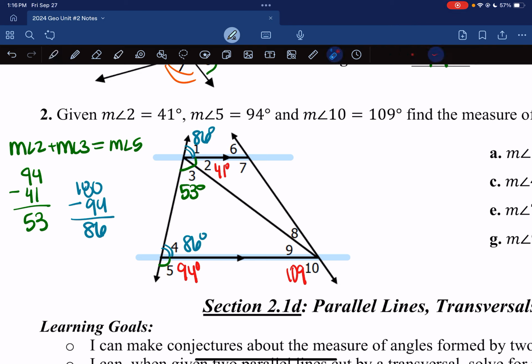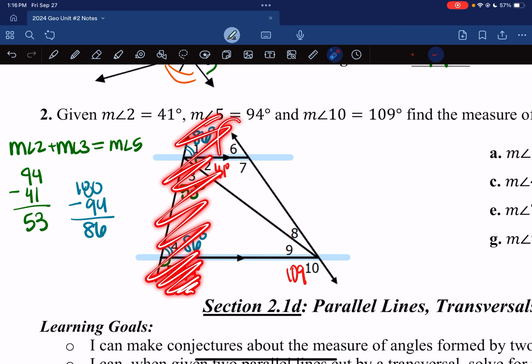Now don't make this mistake. 1 and 6 are not congruent, and also 1 and 7 are not congruent. If it helps you, just cover up this line, and we can use this information to help us find the remaining angles.